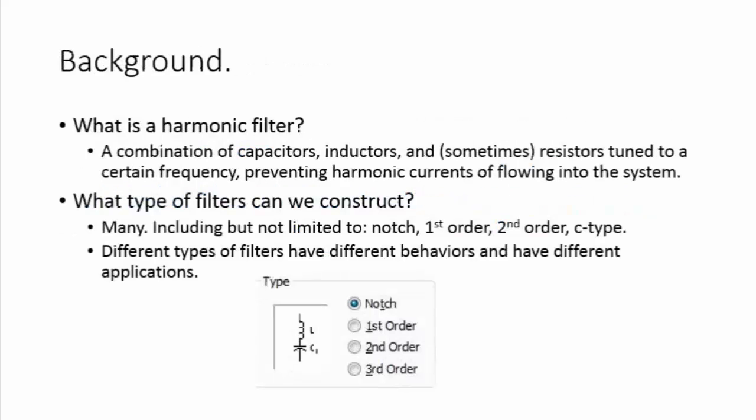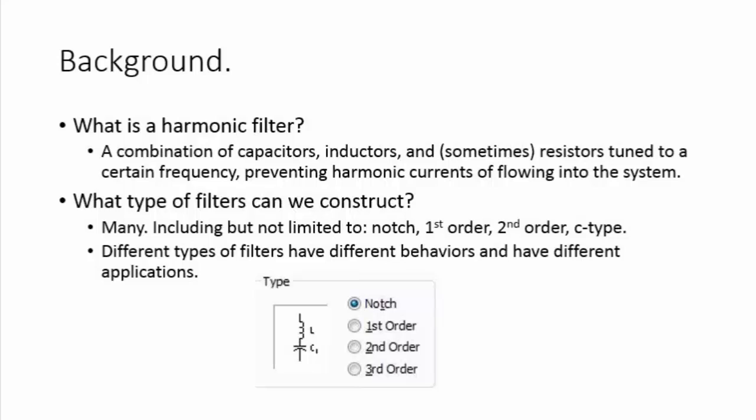Now, I take it that most of you are electrical engineers. You're familiar with how a filter works, but let's review some concepts. A harmonic filter is a combination of capacitors, inductors, and sometimes, not necessarily, resistors. In a filter design, resistance can even be left out. Tuned to a certain frequency, the filter prevents harmonic currents from flowing into the system.